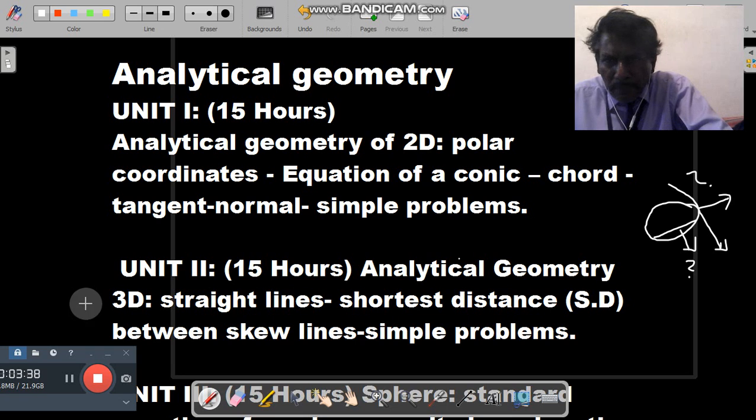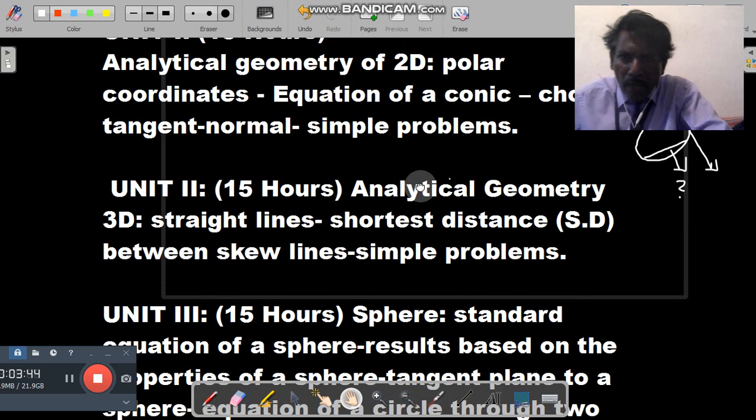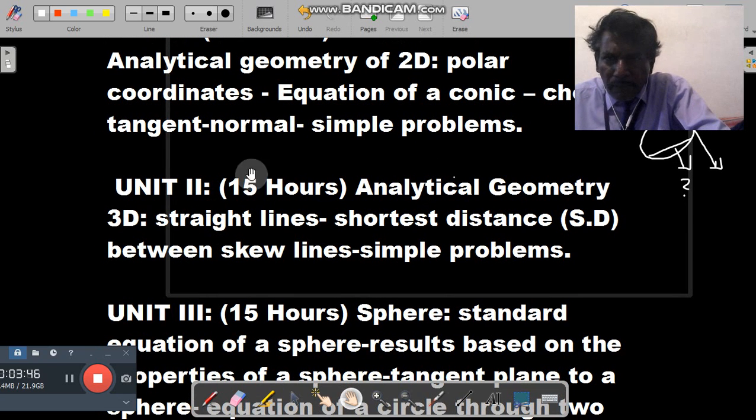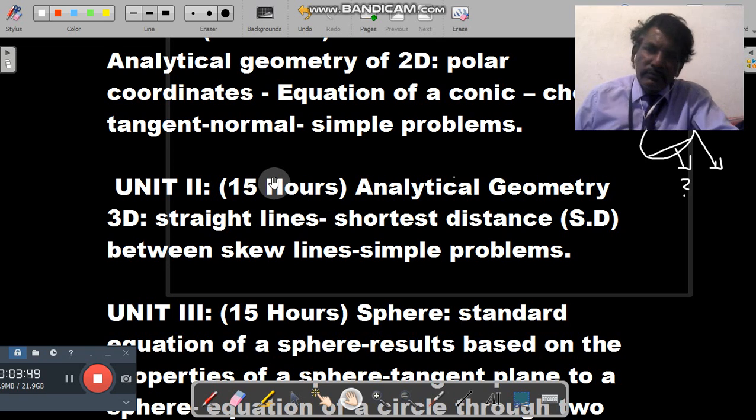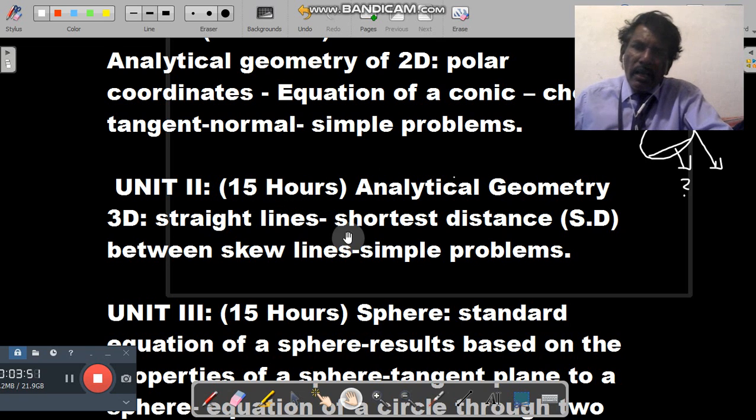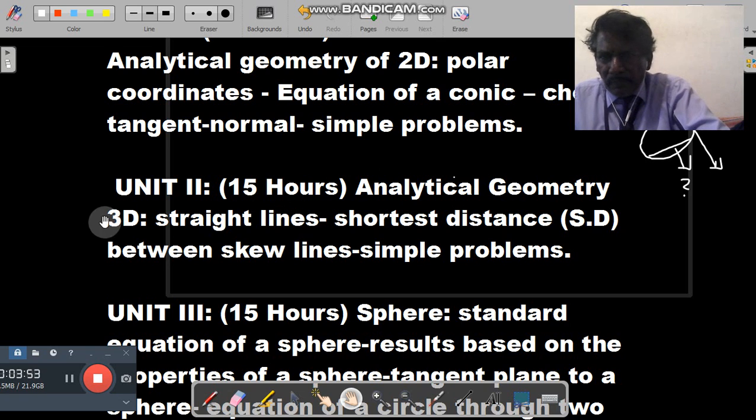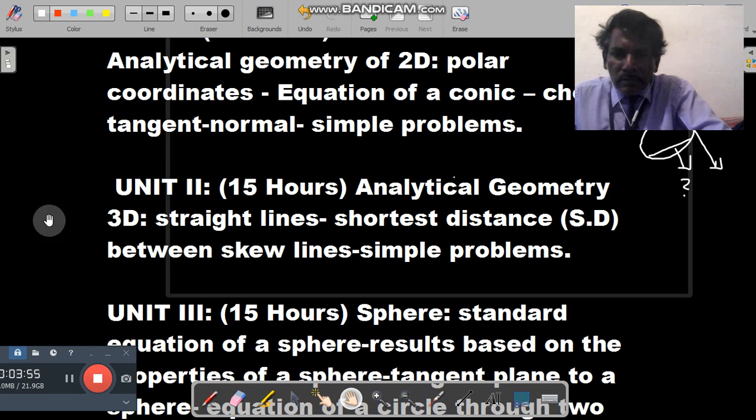Next is unit number 2. That's what we have to study. The 15 hours are given to cover all these chapters under unit number 2.